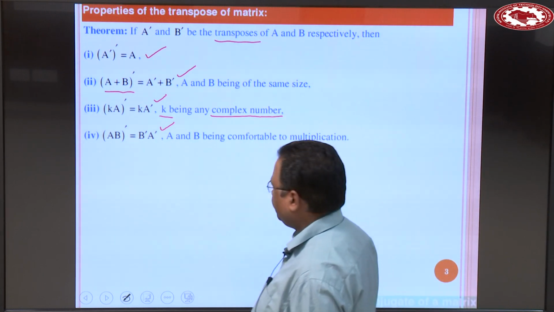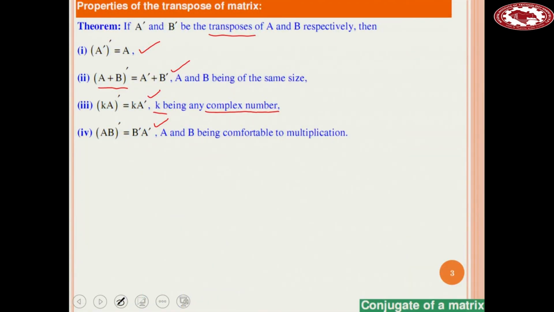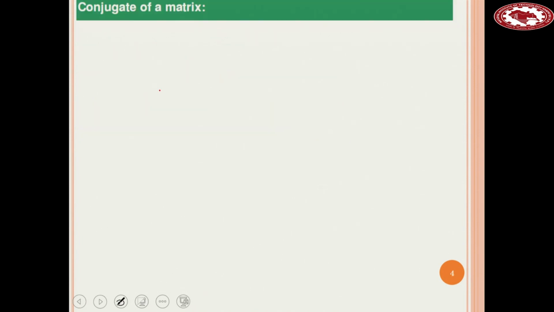The next definition is the conjugate of a matrix. How can you develop the conjugate of a matrix?